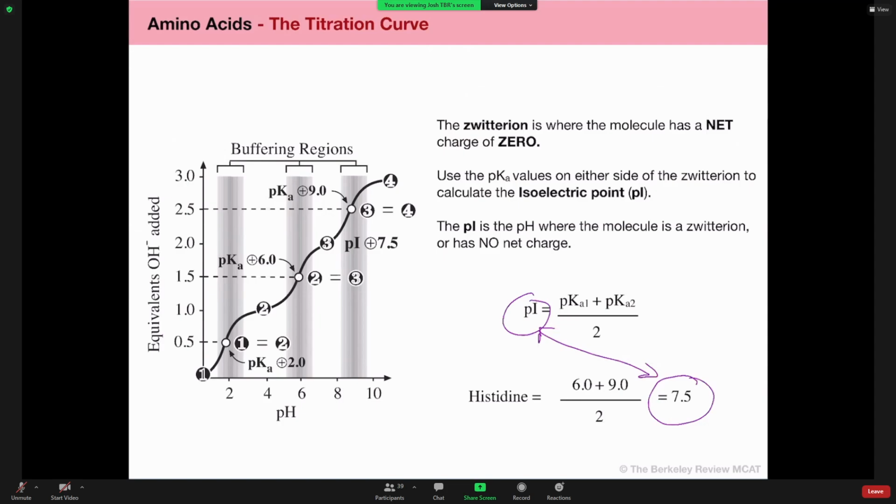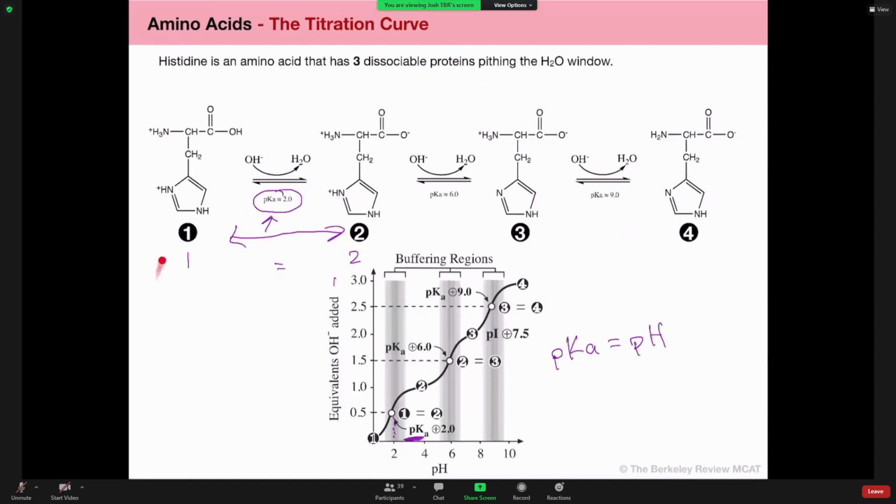That is the half equivalence point. So when pKa equals pH, we can look right down here. When pKa is equal to the pH, half of your molecules are going to be in this state, in this case fully protonated, and half your molecules are going to have lost that one hydrogen, and so you'll have an equal concentration of them.